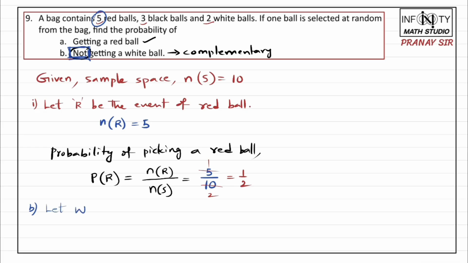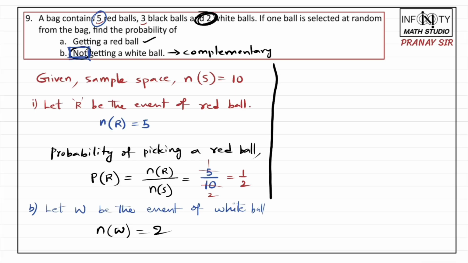First of all, let W be the event of a white ball, so selecting or getting a white ball. For that, how many favorable chances are there for a white ball? Here you can see 2, right? In the question itself you can see 2. So the number of favorable chances for a white ball is 2.